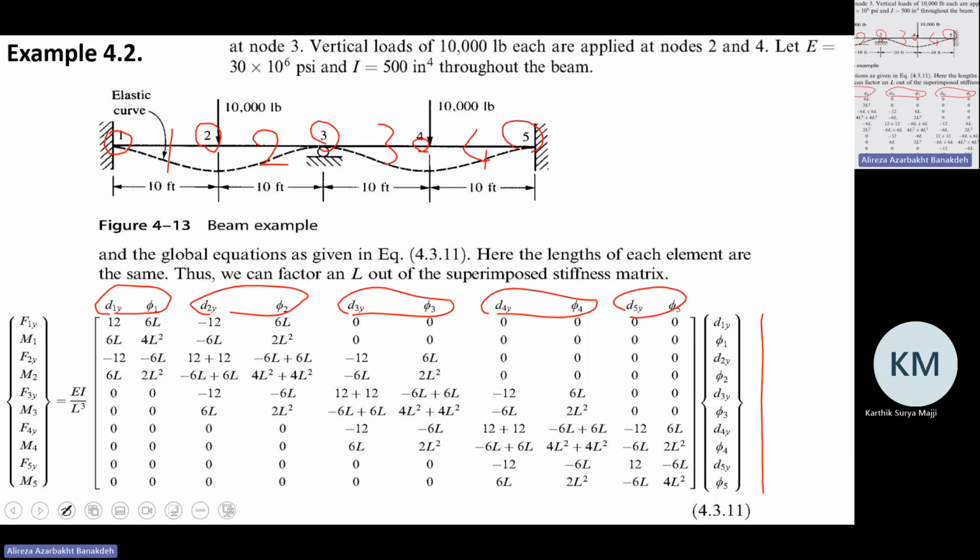This is a 10 by 10 matrix, and what we do is we transfer those small 4 by 4 matrices into the right places for all 4 elements. Start with element number 1, 2, 3, 4.